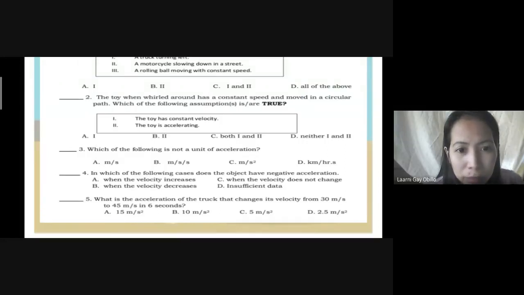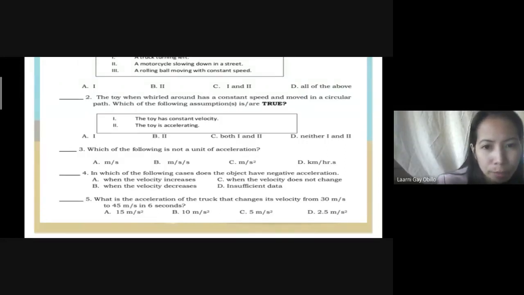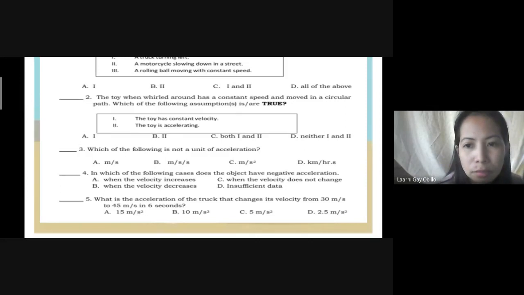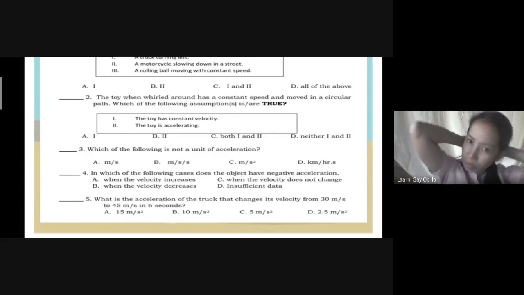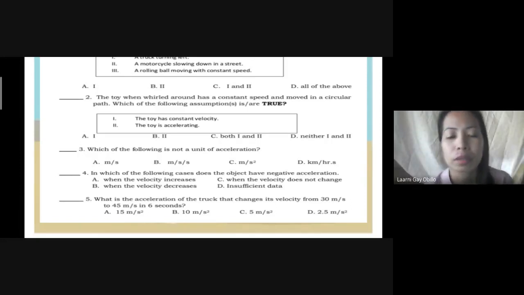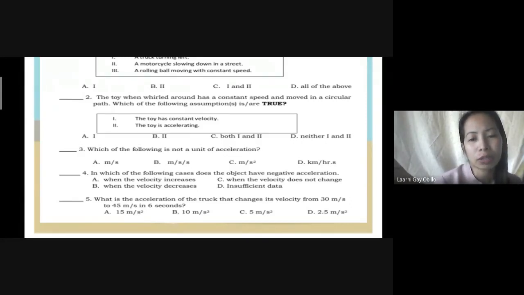Kasi 45 minus 30, 15 divided by 6. Yung 15 hahatiin sa 6. Okay, answer to John Mark is letter D. Okay, correct. 2.5 meter per second squared.